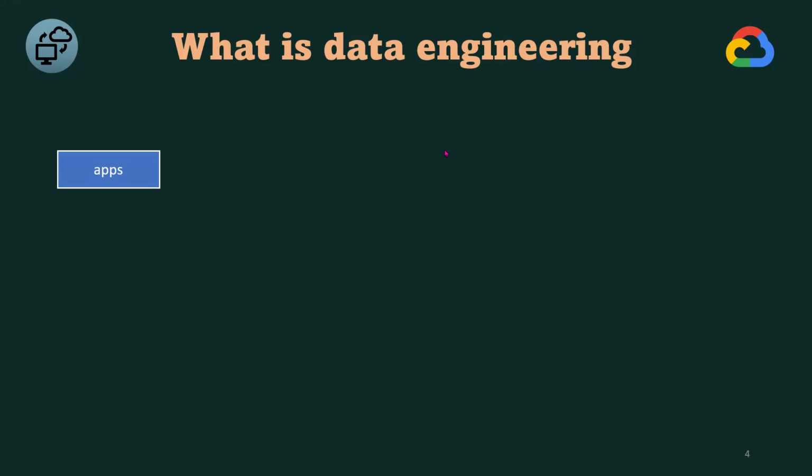So data gets generated from some application, whether it is a front end application, a back end application, or a web service. Sometimes the data comes from some file format.